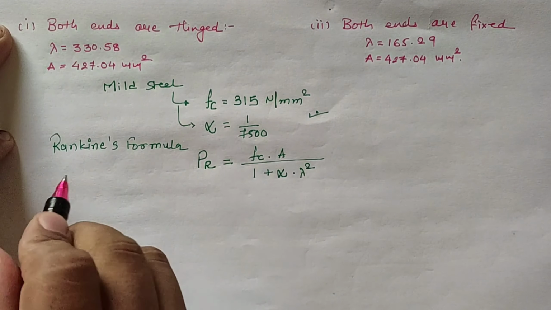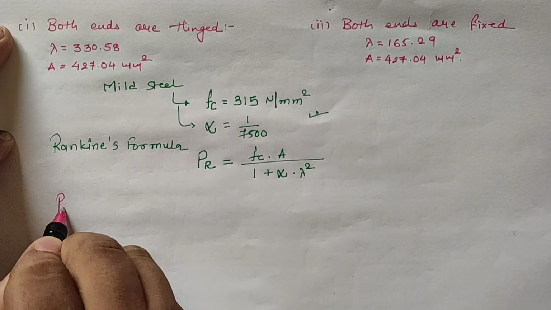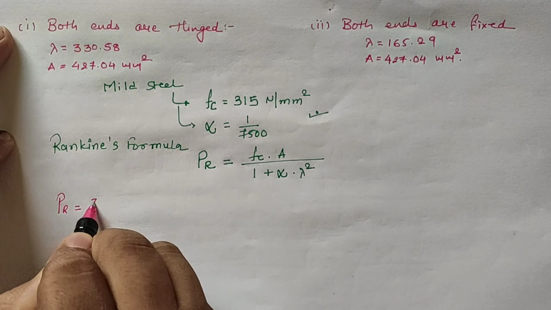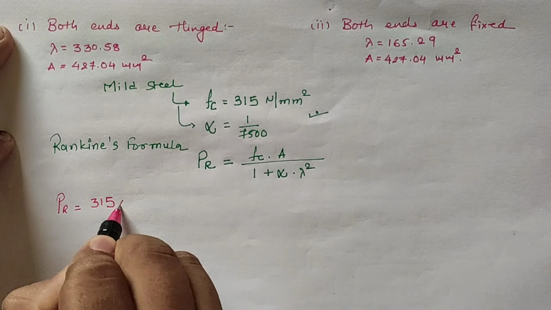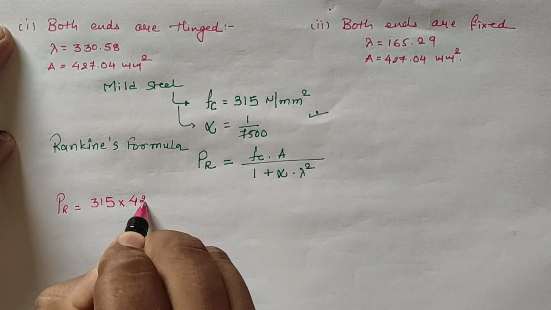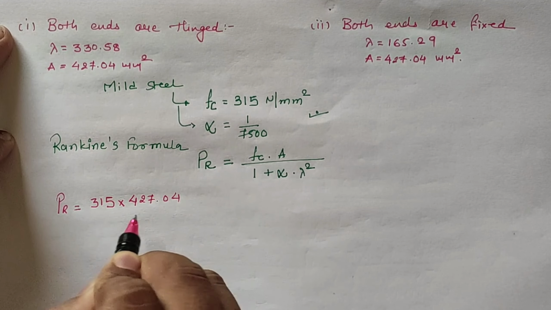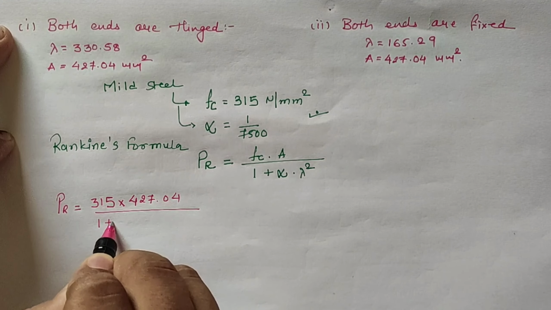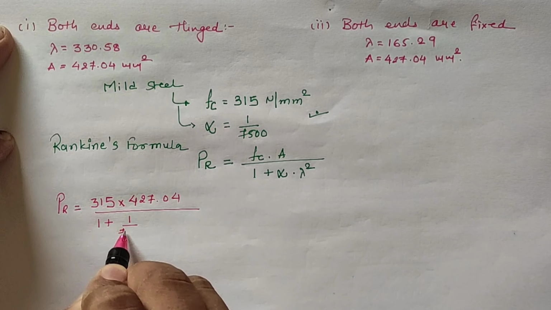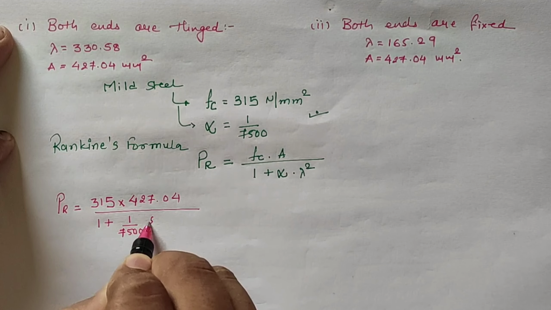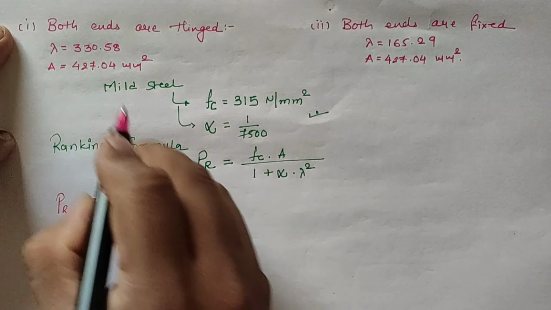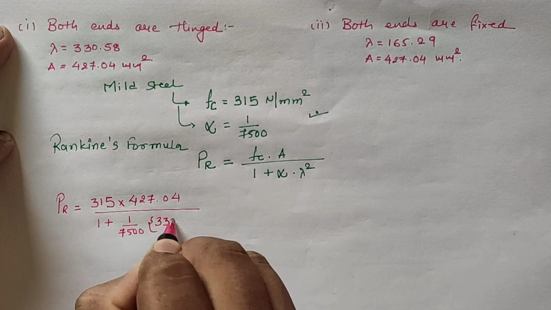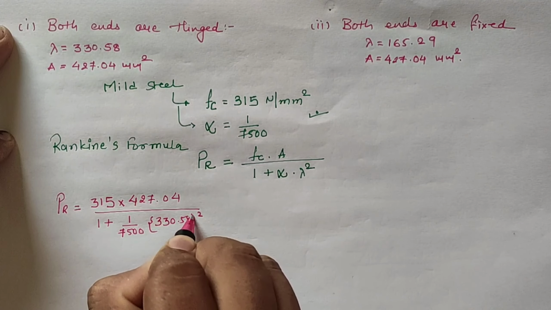So for first case, let us put the value Fc as 315 Newton per mm square, area is 427.04 divided by 1 plus alpha, given as 1 by 7500, and the lambda for this case is 330.58 all square.